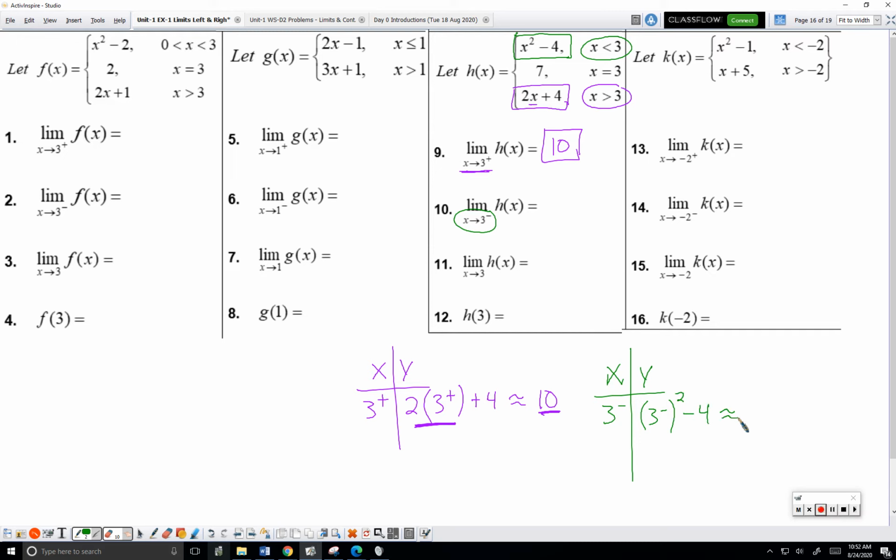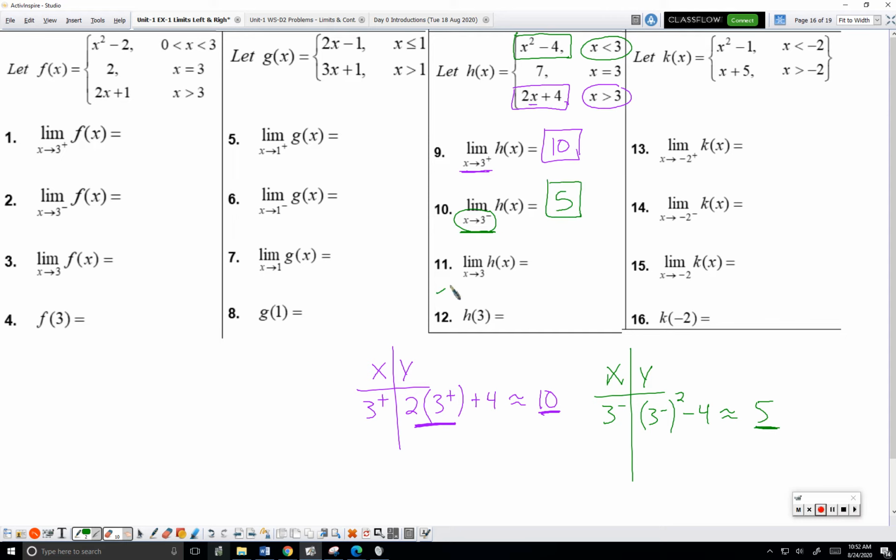So 3 squared would be 9. 9 minus 4 would be really close to 5. So when the x value is just an infinitesimal amount less than 3, the y-coordinate's getting infinitesimally close to equaling 5.